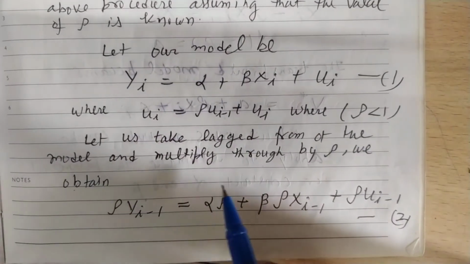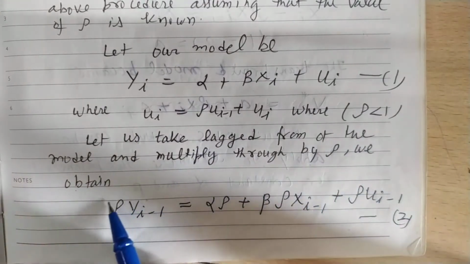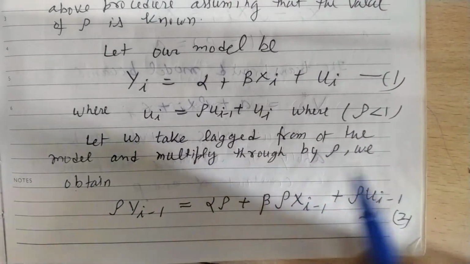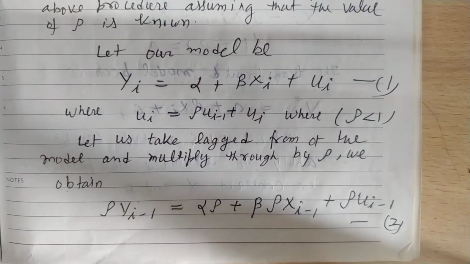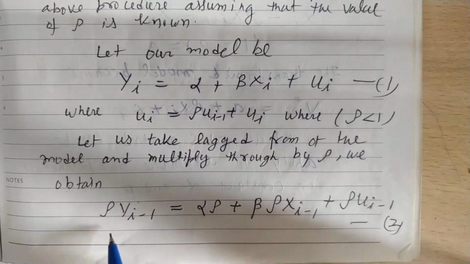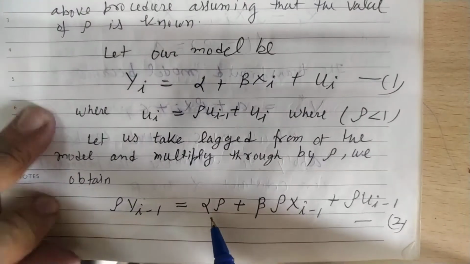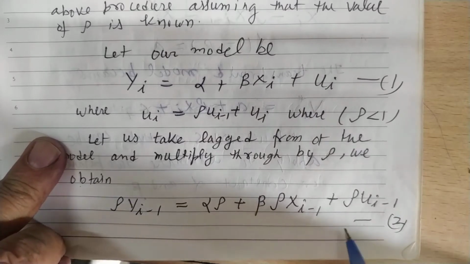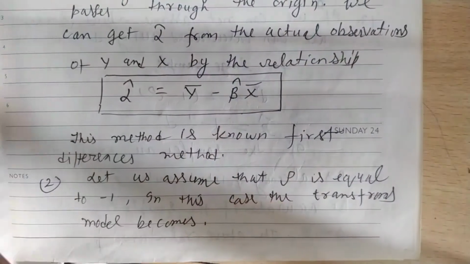Let us take the lagged form of the model and multiply through by rho; we obtain: lagged means the previous case of yi, multiplied by rho. Rho y(i-1) = alpha rho + beta rho x(i-1) + rho u(i-1). Call this equation 2.